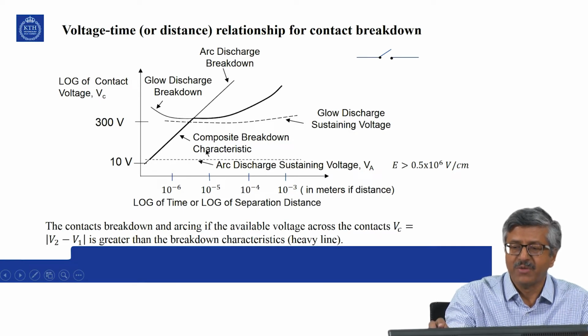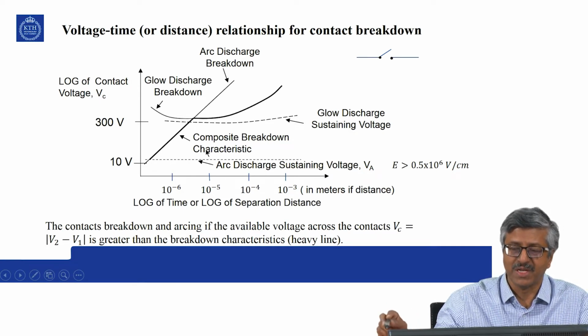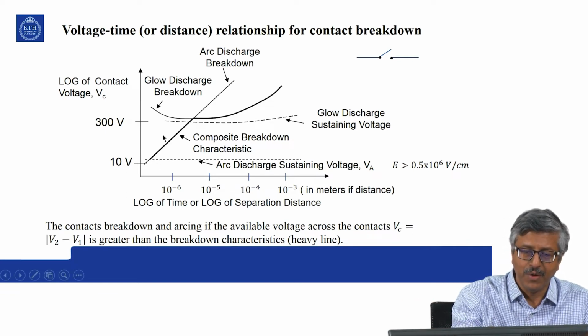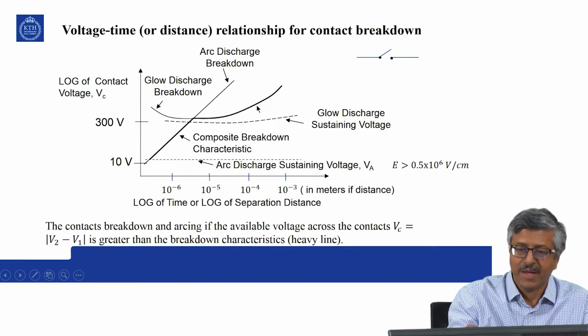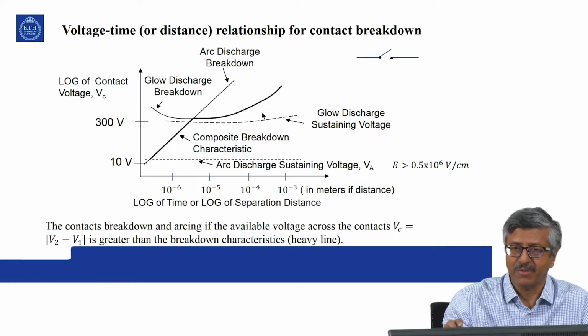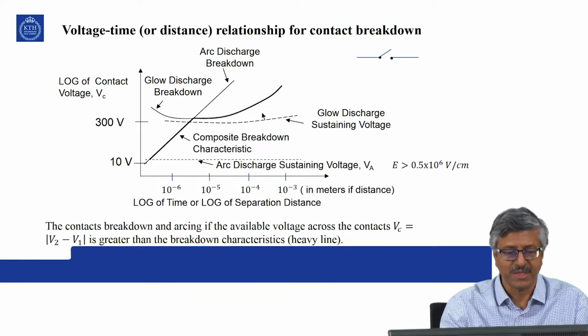So you only have this normal oscillation associated with resonance circuits. But if you go above this, then you will have a breakdown, either glow discharge or arc discharge. So then you will have noises associated with switches.